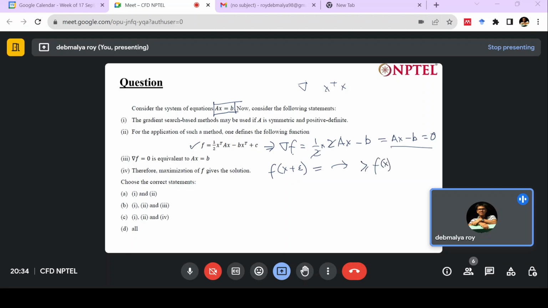So if grad f is equal to 0 for this particular form of functions, then this is a minima. So what we have to find out is a minima.